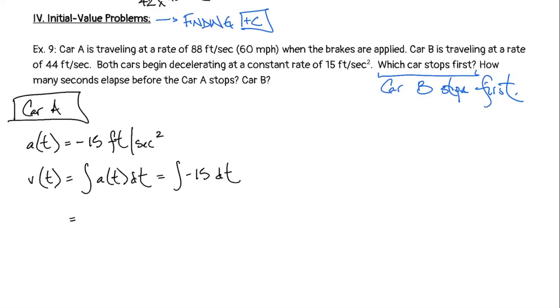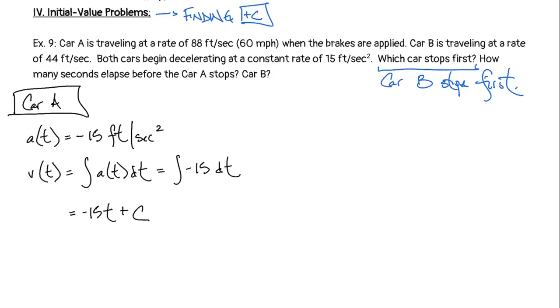Negative 15, and let's just change that x to a t just because we're using time as our variable here, but exactly negative 15t plus c. Now here's the beauty of this. We can actually find out our c value, okay?